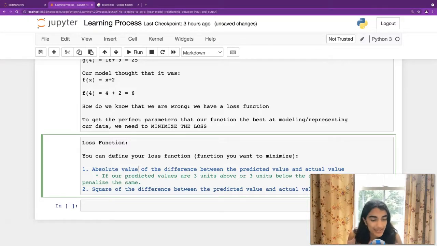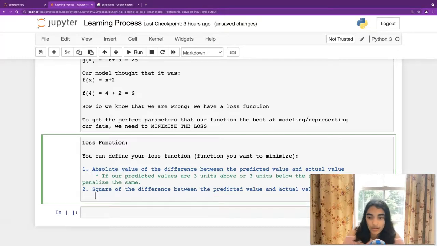It should make more intuitive sense now that you want the loss to be 0. You want that difference between the predicted value and the actual value to be 0. So what does that mean? Well, it means that the predicted value is the actual value. I mean, you shouldn't overdo this because this would result in overfitting, but you get the point, right? We want to model the data as close as we can and as best as we can.